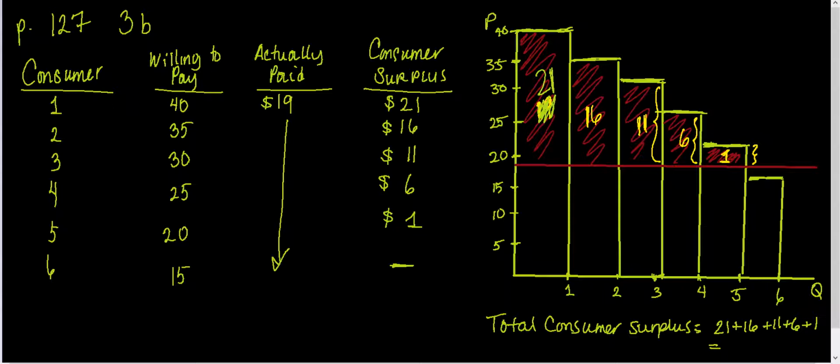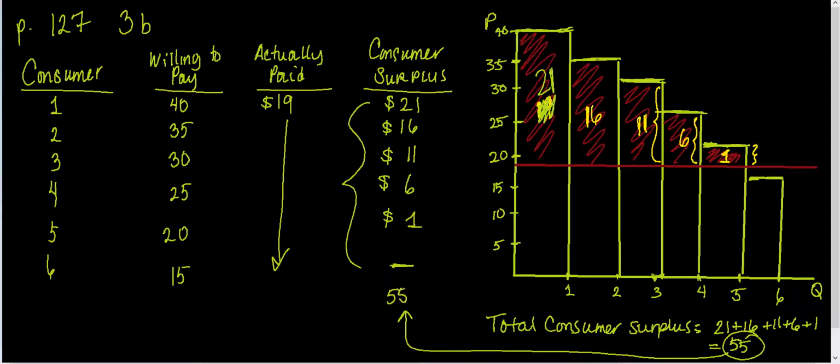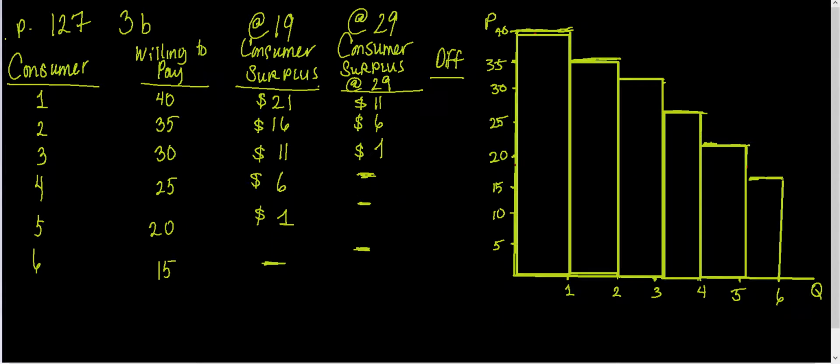Let me fix that. Okay, and part C says what's the difference in the individual consumer surplus when the market price moves from 29 down to 19. Well, the first way we can do this algebraically, I've just here in the third and fourth column, set up the consumer surplus at a market price of $19 and at 29 and set them next to each other.